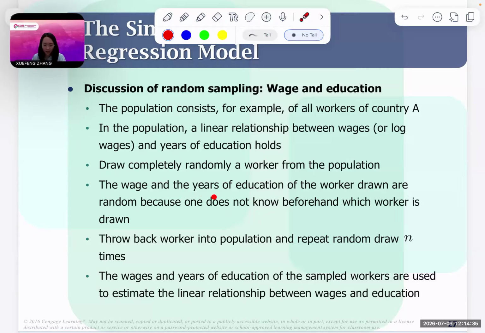The wage and the years of education of the worker drawn are random again because one doesn't know beforehand which worker is drawn. Okay, must be random. Throw the worker back into the population and repeat the random draw n times. So the wages and years of education of the sampled workers are used to estimate the linear relationship between wages and education. Okay, this is the idea about random sampling.